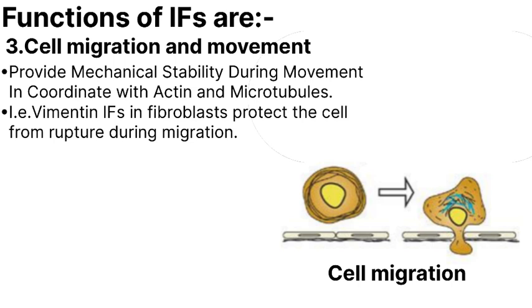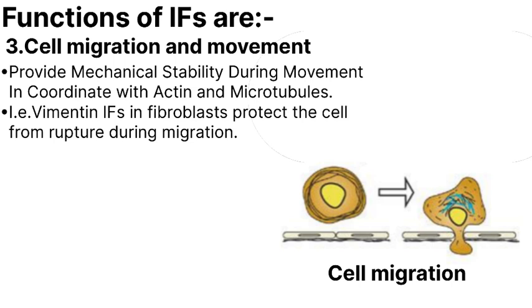See, when a cell moves, it changes its shape constantly by extending at the front, which is the leading edge, and retracting at the back. IFs provide mechanical stability during the movement by preventing the cell from tearing apart as it stretches and squeezes through the tissue.